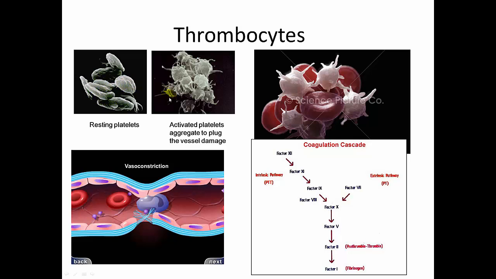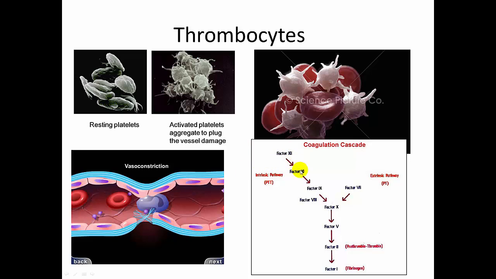And then when they're activated, they send out these finger-like projections, and they kind of plump up, and that makes them a little bit bigger. And they kind of are the first line of defense to prevent bleeding.